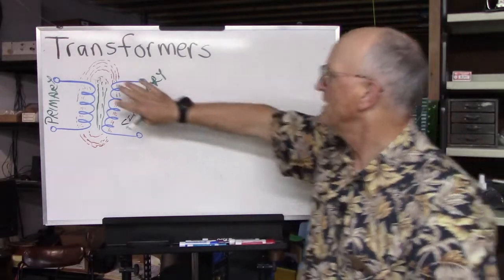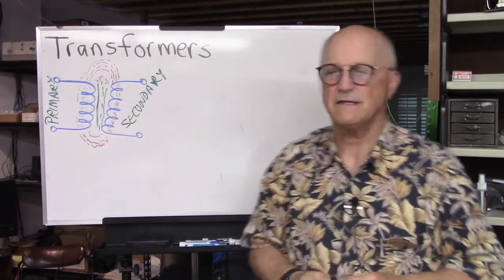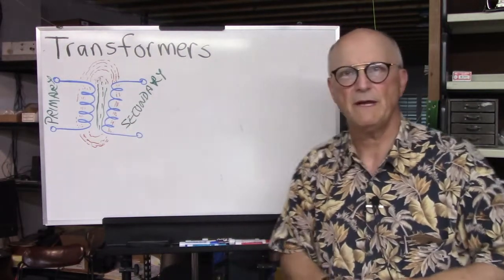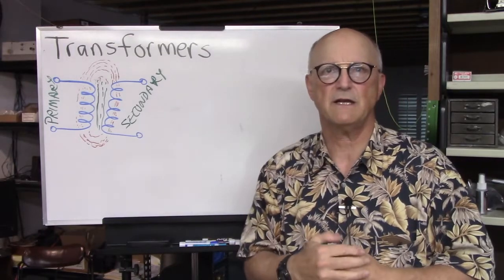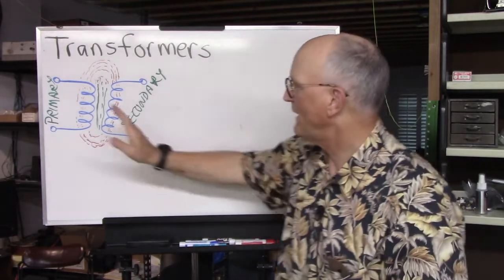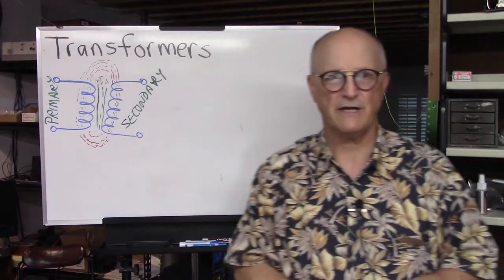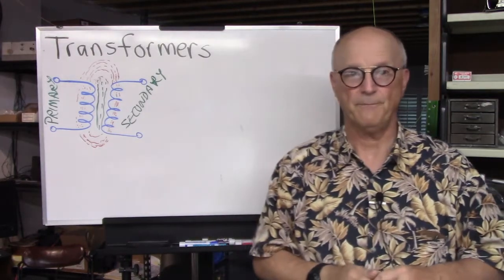The exact composition of this magnetic material will depend upon the frequency that they're designing the transformer around, as well as the amount of power they're trying to transfer through the transformer.